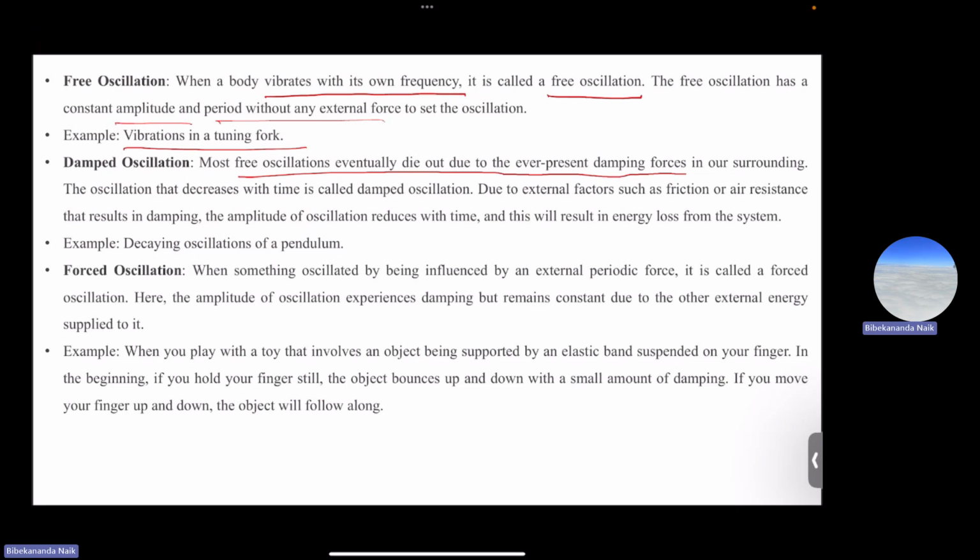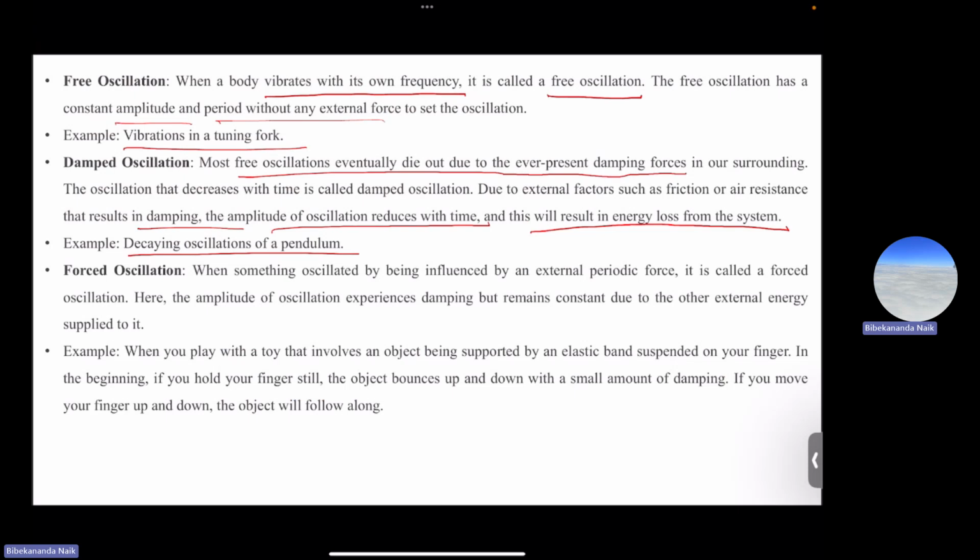The amplitude of oscillation reduces with time, and this results in increasing energy loss of the system. For example, the decaying oscillation of a pendulum. When you start oscillating a pendulum, its amplitude decreases gradually and there is energy loss from the system.